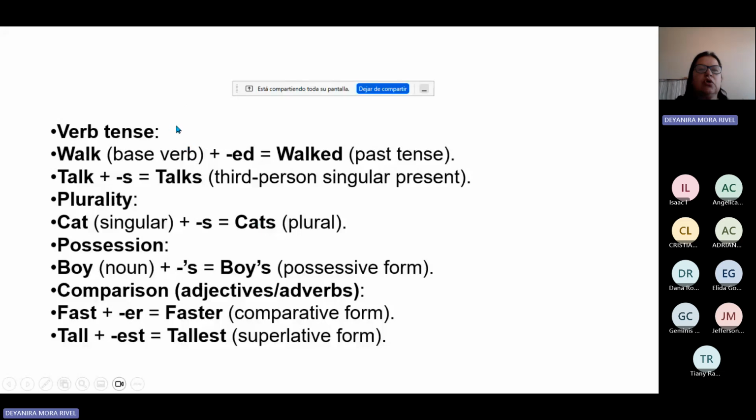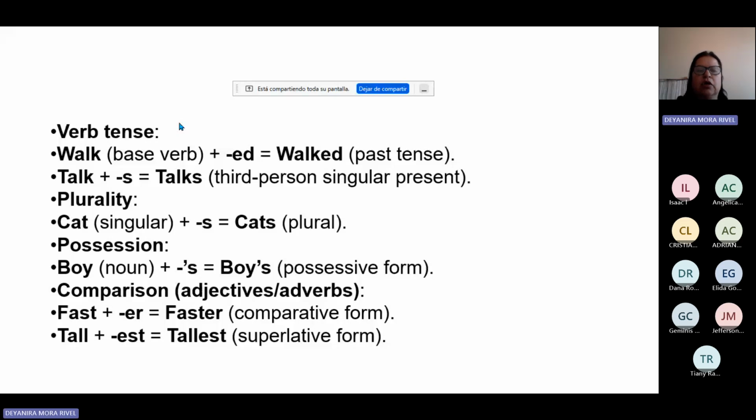So this is a fixed list and it cannot become bigger. So we have walk and walked, right? The ed means past tense, but it's still a verb. It doesn't change the category.